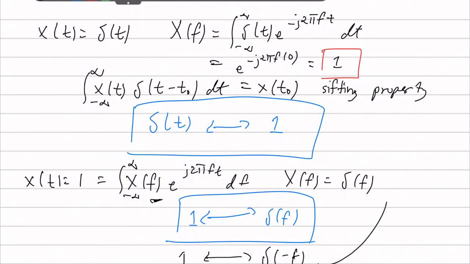But delta of negative f is also equal to delta of f, right? Because we have an impulse centered at f equal to 0. So these two functions on the right, delta of negative f and delta of f, are equal. Okay? So the answer is the same by either using the synthesis expression and the shifting property or applying the duality property.